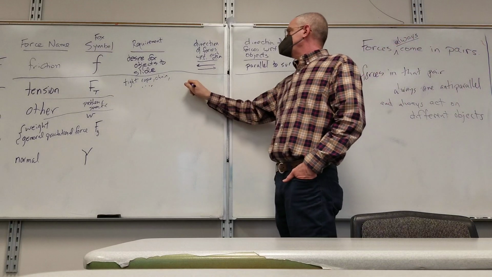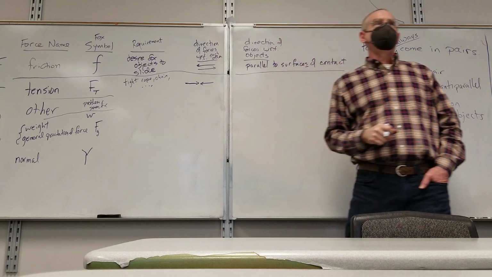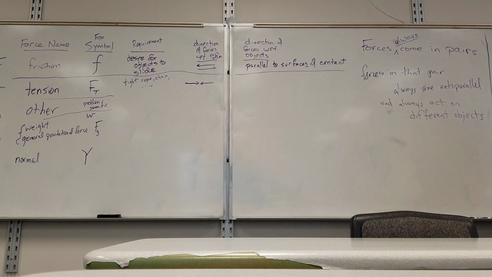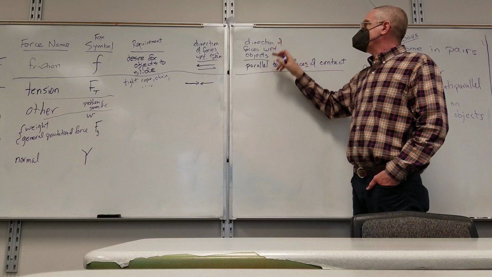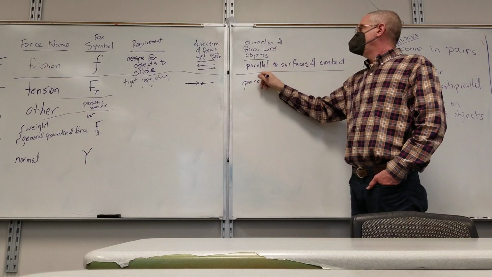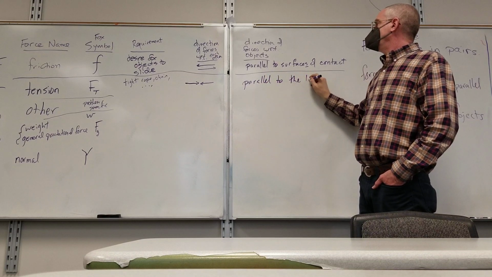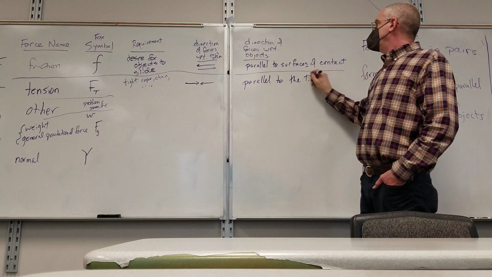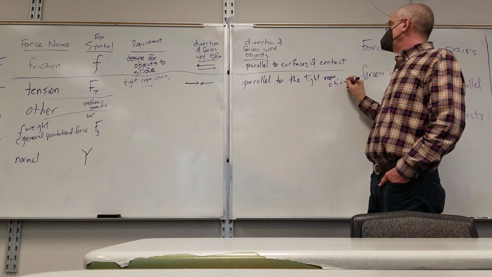Those tensions with respect to each other are always going to point towards each other. And again, you'll see this a little bit later today. And the direction with respect to the objects, they are parallel to the tight rope, chain, whatever you happen to be using.